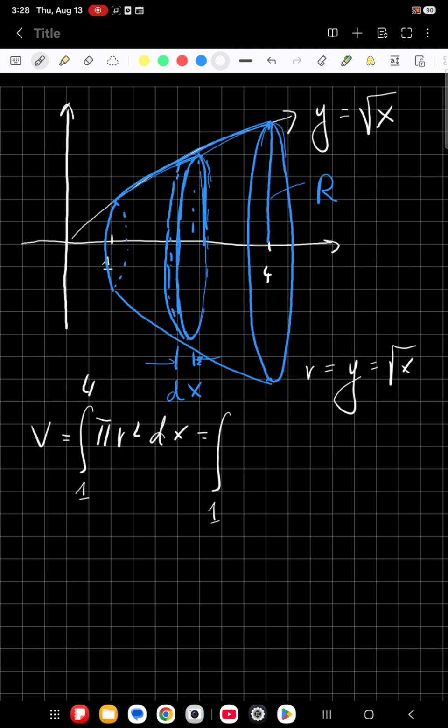So we have the definite integral from 1 to 4 of pi, and now I'm plugging in our function right there. So square root of x, and this is squared, and it's dx.